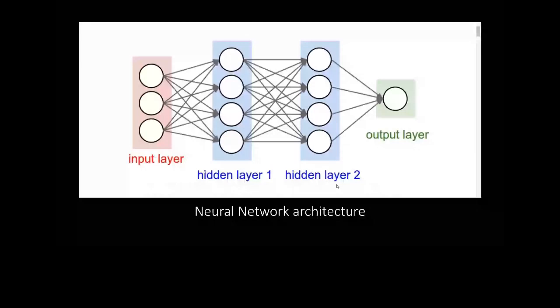And then we have a network of neurons. The input for the hidden layer comes from the input layer. The input for hidden layer 2 would come from the output of hidden layer 1. Okay, so this is a simple neural network, and how it works.